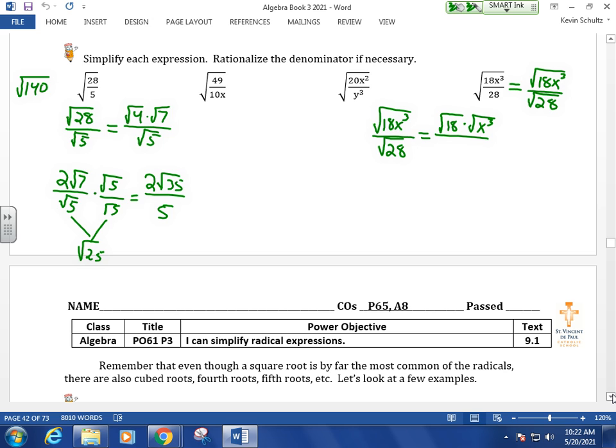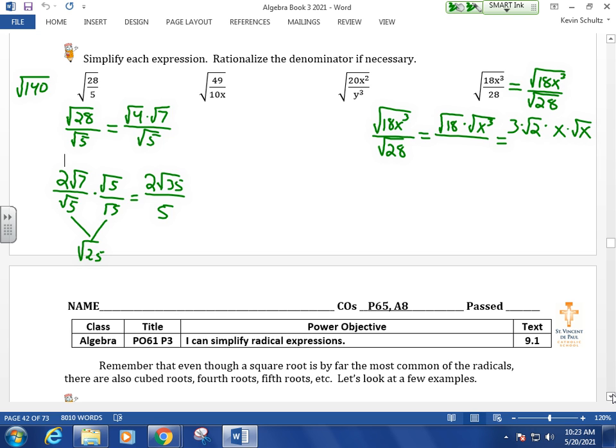What you got, Blake? 9 and 2 are the factors, so ultimately it becomes 3 root 2, right? That 3 coming from the root of 9, which is the perfect square factor that goes into 18. And then how does the root of x cubed simplify? Not x squared root x, just x root x. The factor is the root of x squared, but that simplifies down to be x.